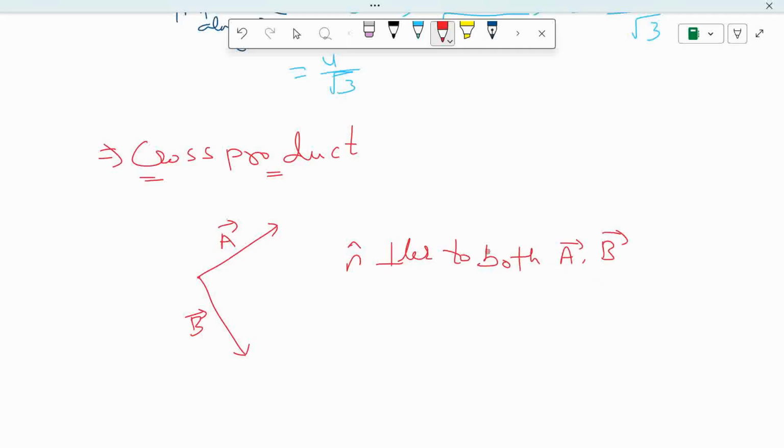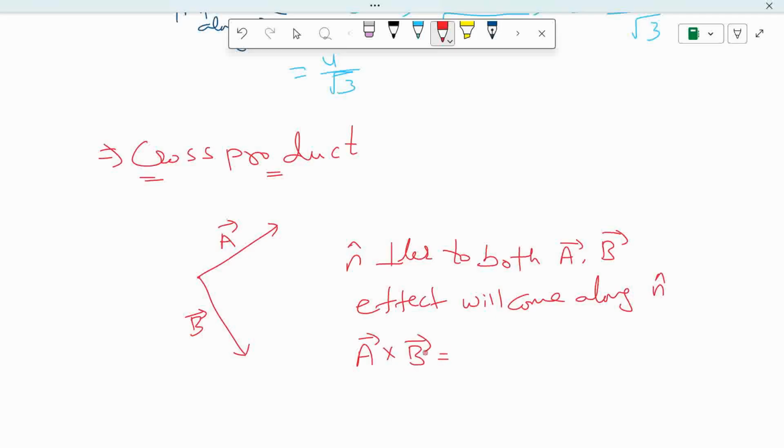So it is perpendicular to both A bar and B bar, and the effect will come along n cap, or it is supposed to come along n cap. In that case, we use cross product.